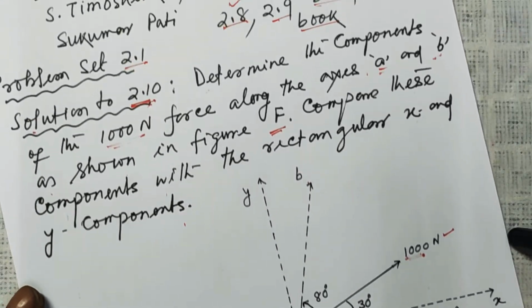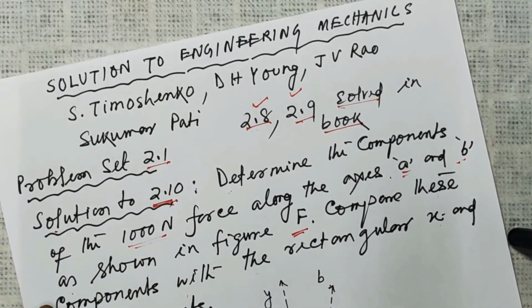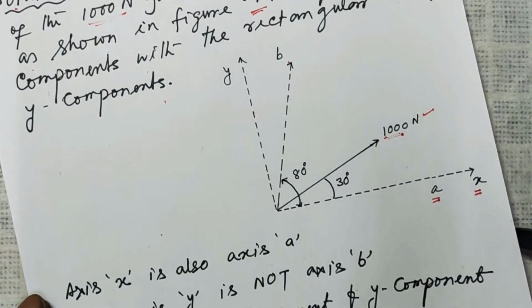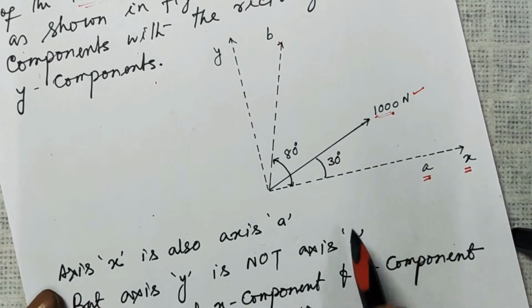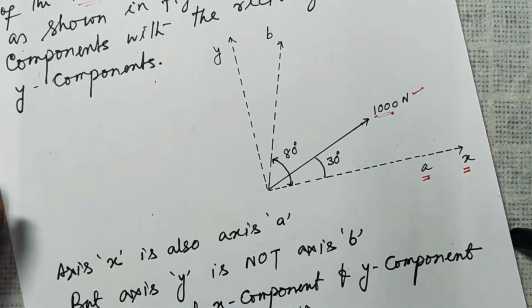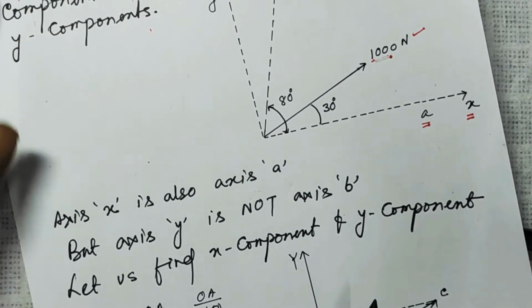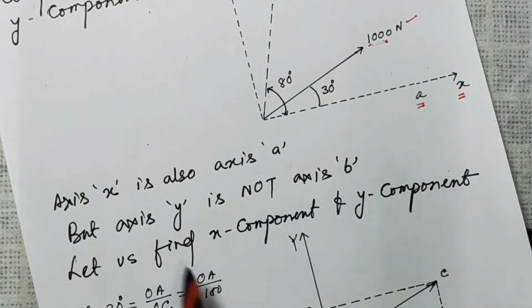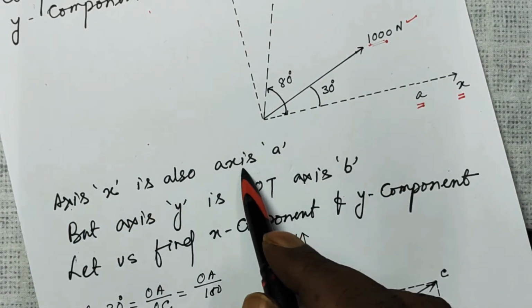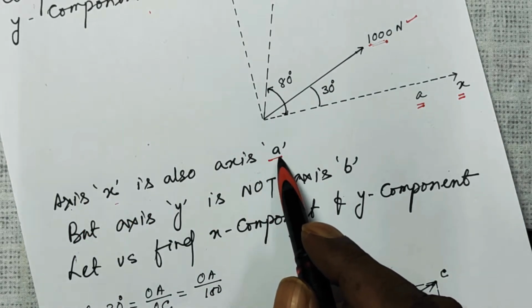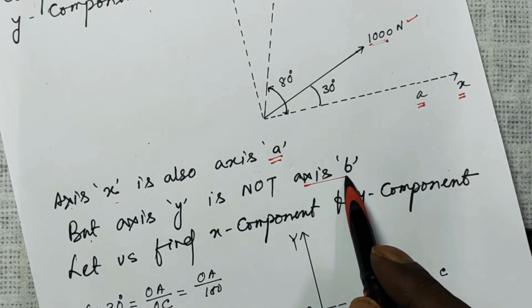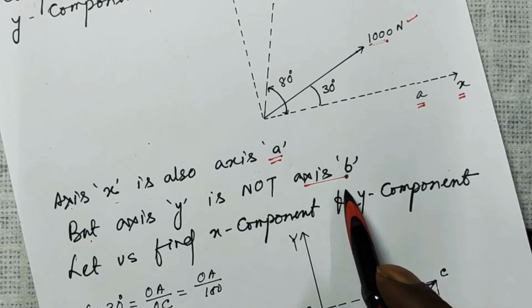Now, let us first find the x component and y component of the 1000 Newton force making an angle of 30 degrees with the x-axis. That is very simple, like your school physics problem. The x-axis is also the A-axis, but your y-axis is not your axis B. That is different.